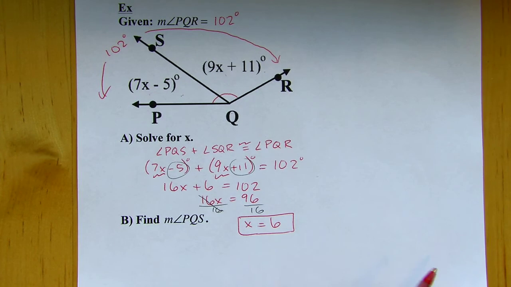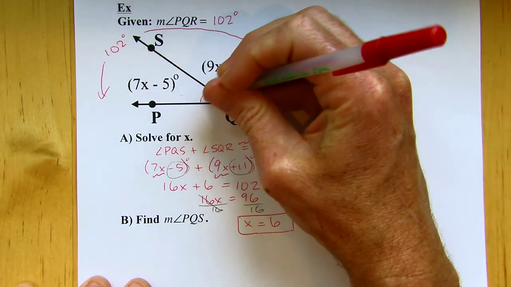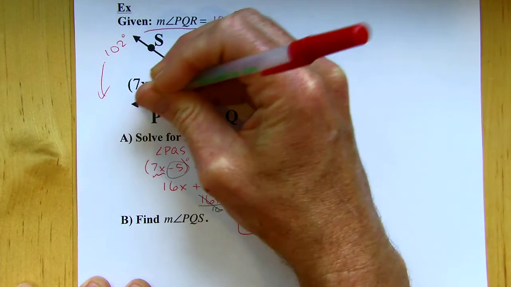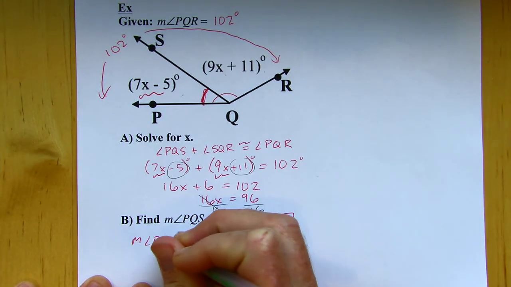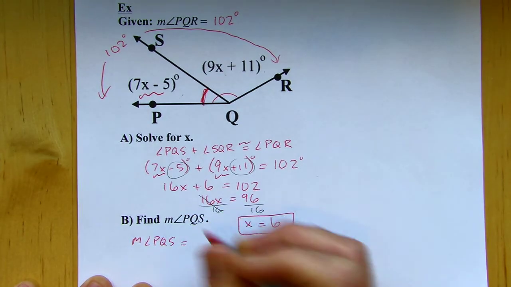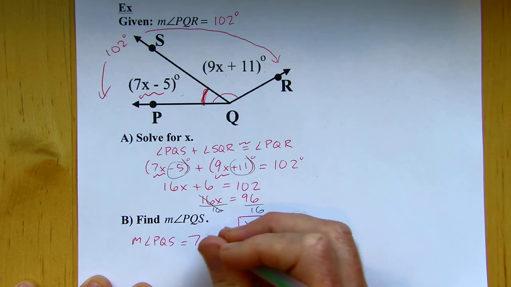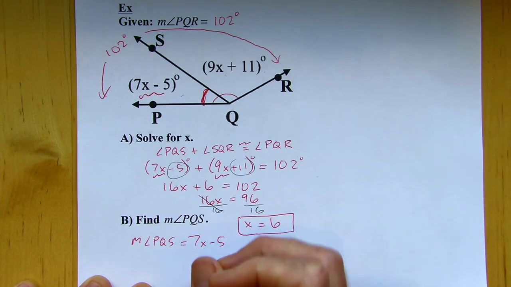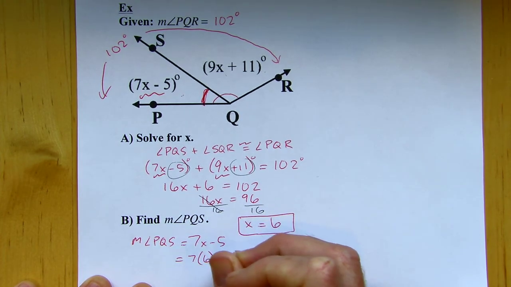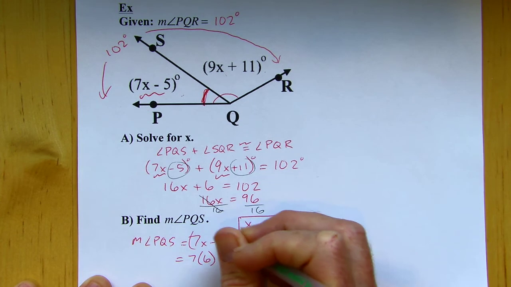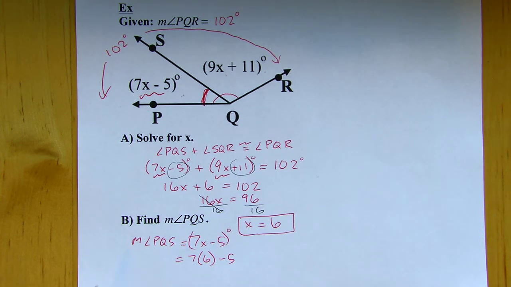Okay. And then when I'm looking for PQS, I want to make sure I get the right angle. PQS is this one, so I'm going to use 7x minus 5. So the measure of angle PQS is going to equal 7x minus 5. Now I know that x is 6. I guess again, I should put the degrees there.